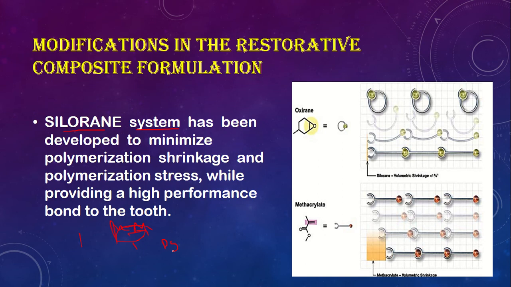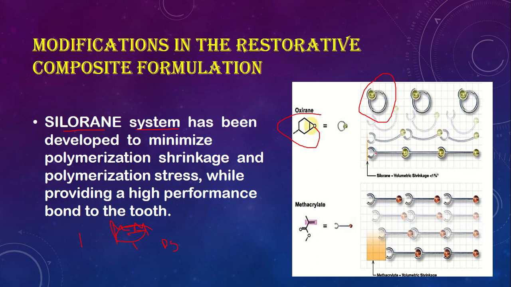But in contrast to the linear reactive groups of the methacrylate, the ring opening process of the silorane based system is unique. So what happens in the silorane based system?